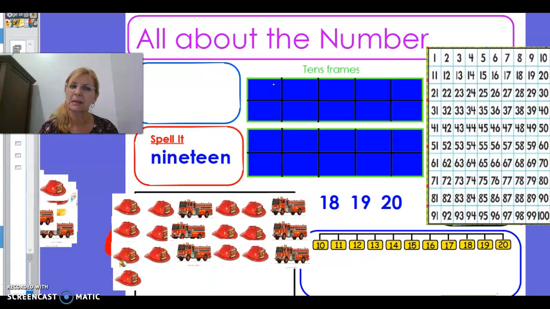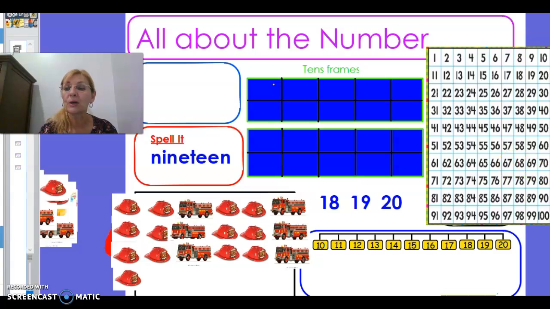Let's make sure Miss Simon didn't mess up. Can you help me make sure I have 19? Can you count it with me? Don't count ahead of me, count with me. Let's go. 1, 2, 3, 4, 5, 6, 7, 8, 9, 10, 11, 12, 13, 14, 15, 16, 17, 18, and one more from 18 is 19.